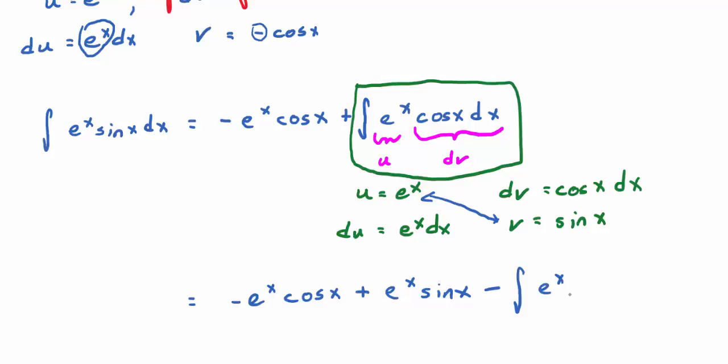Yeah, e to the x sine x and then dx. And then right about now you're thinking we're spinning our wheels, right? We're not getting anywhere. But let's look at that left-hand side. Normally I don't write down the original integral on the left-hand side like this, do I? So I must be doing it for a reason. You see anything interesting there?